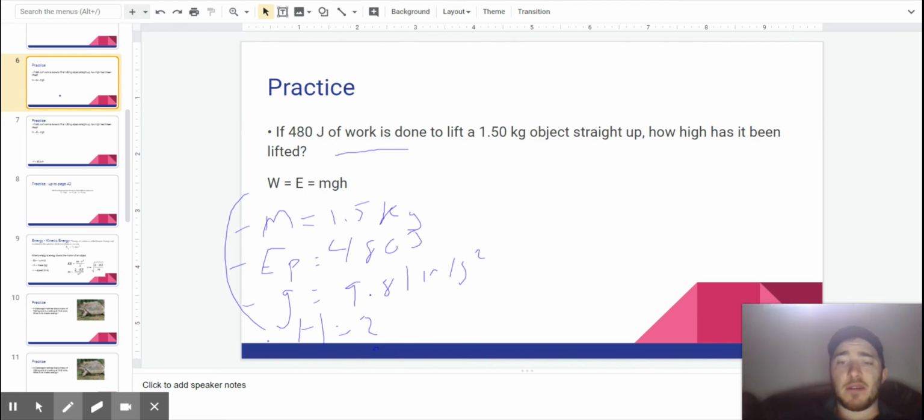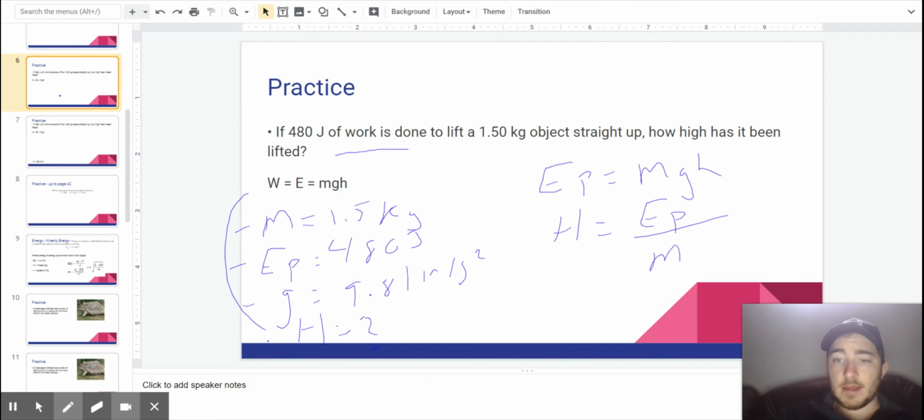So again, I need to rearrange this equation. So the original formula is EP equals mgh. To rearrange that for height, it's going to be height equals EP over mass times gravity.